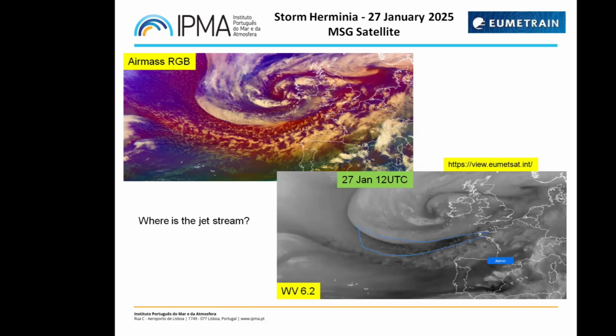Airmass RGB and water vapor 6.2. Yes, pretty good. It's a very highly contrasted region. You can see it very well. Yes, also up there.